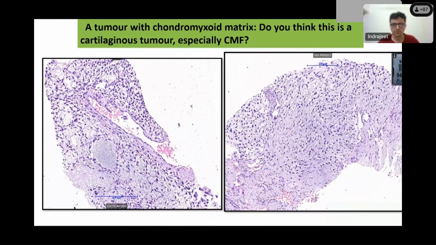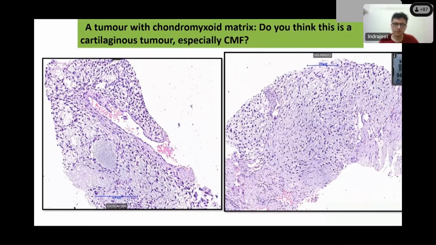Now, what is the cell type? Ma'am, some spindle cells. Yes, they look spindle. They don't look like those round, polygonal cells with large nucleus and nucleolus, as you saw in the earlier images of classical conventional osteosarcoma.